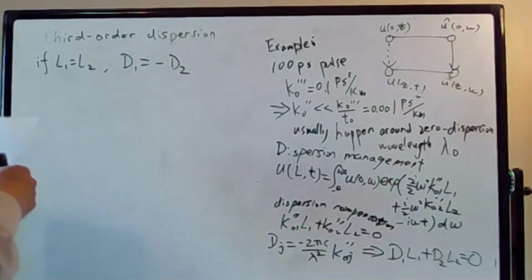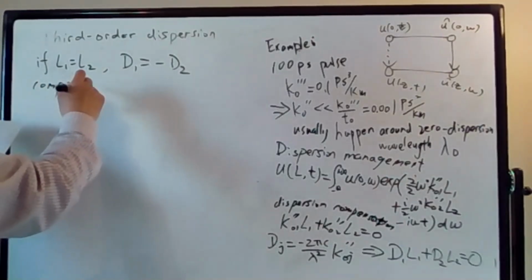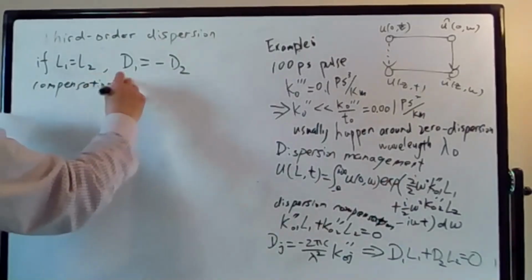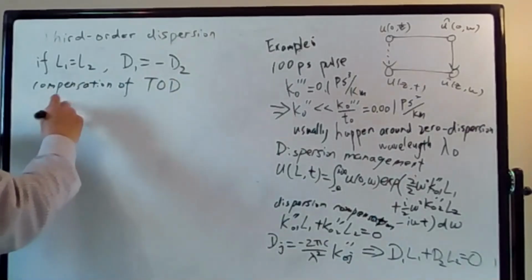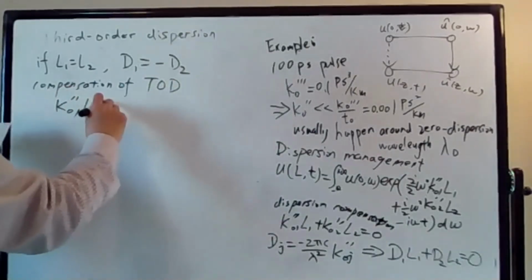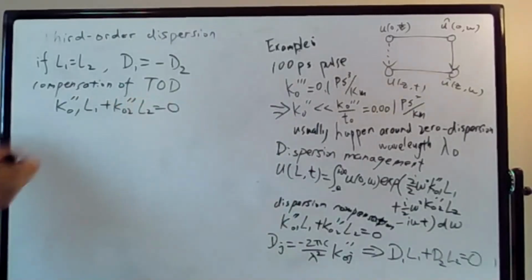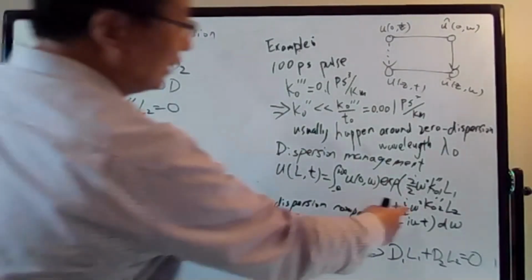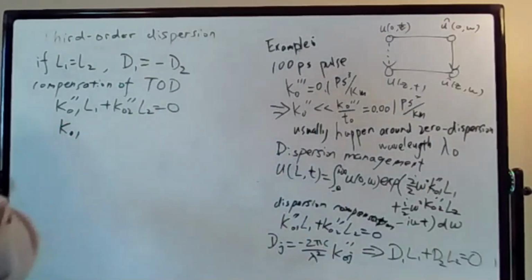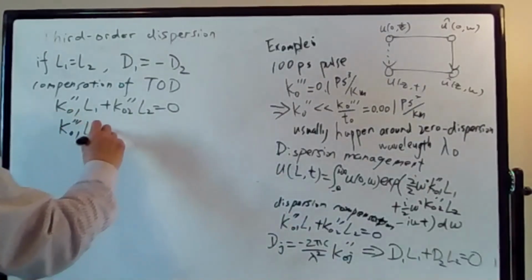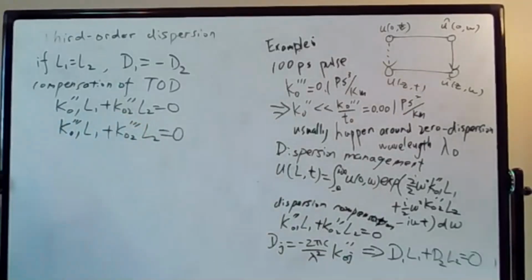If you want to compensate the third order dispersion, you need to first compensate K01 double prime L1 plus K02 double prime L2 equals 0, and at the same time write down the omega cubed term: K01 triple prime L1 plus K02 triple prime L2 equals 0.